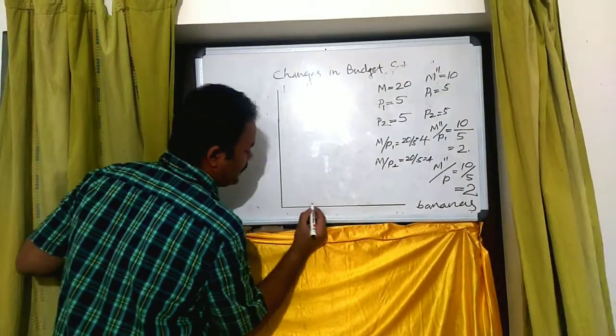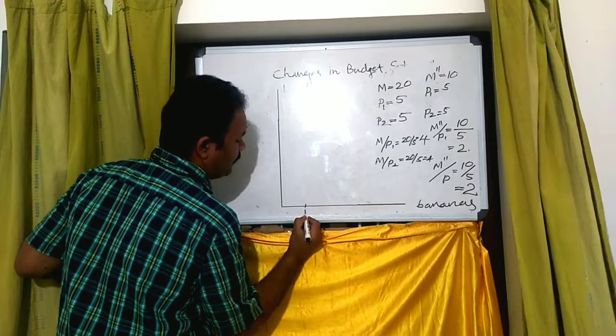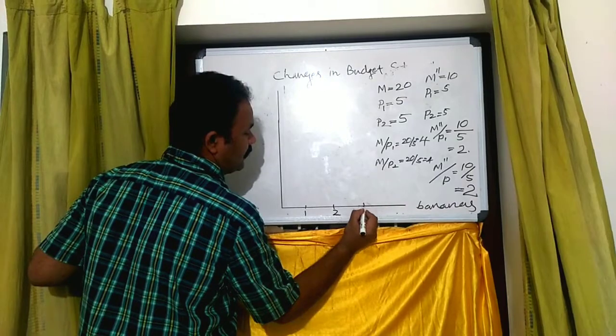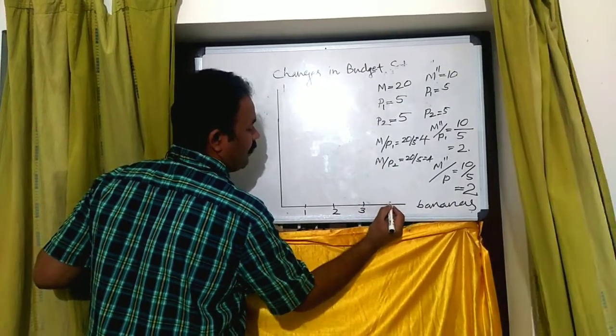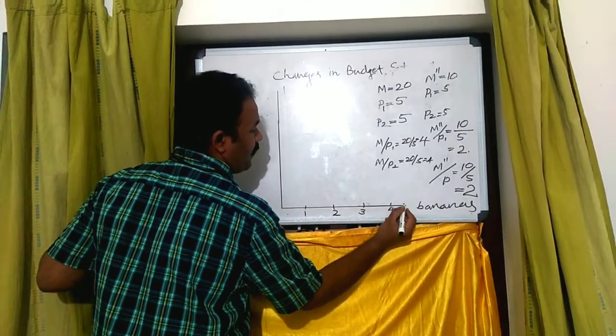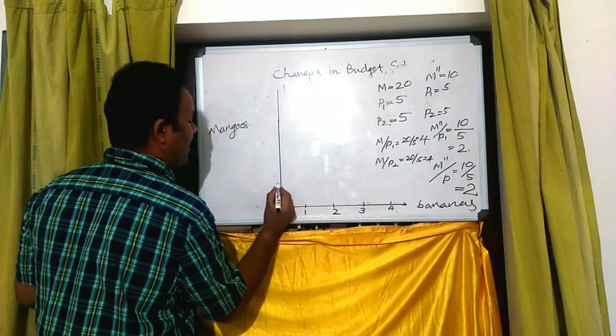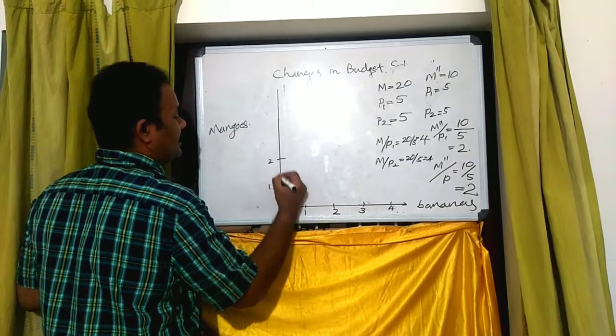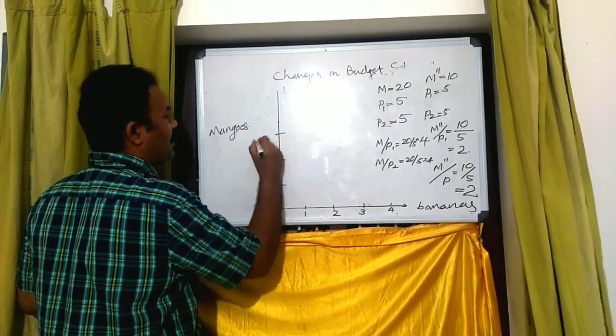Then we can mark the points here: 1, 2, 3, 4. Here also 1, 2, 3, 4.